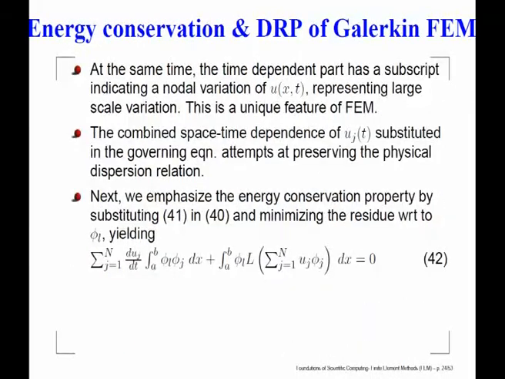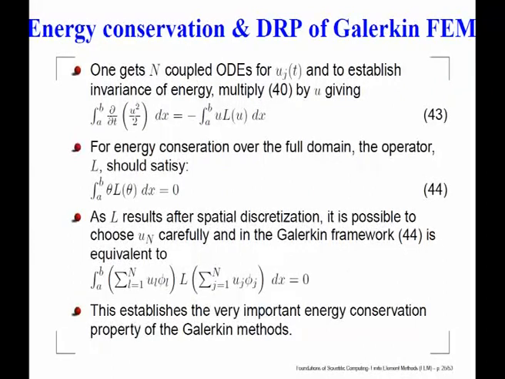what it amounts to is basically, if you multiply that equation by u, this is what you are going to get. Now, if you integrate it over the whole domain, the left hand side gives you a kind of an estimate for the energy, right? Half u square is the energy. So, if you can show that your u represented by some kind of a Galerkin expansion is such that the right hand side is identically equal to 0, then you have achieved energy conservation.